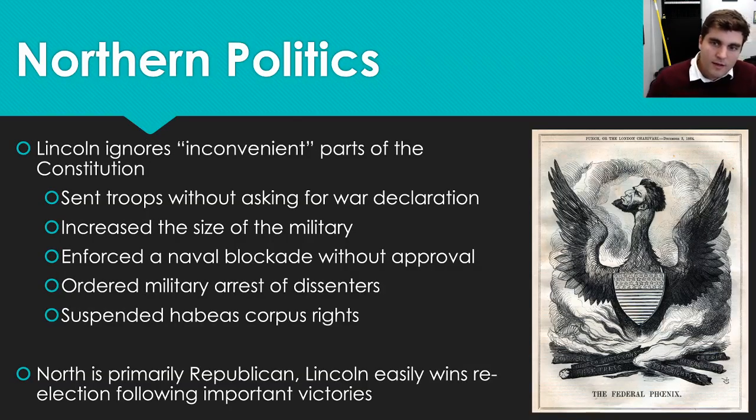Now, in terms of Northern politics, Abraham Lincoln, who goes down in history as one of the more popular presidents, had a tendency to ignore inconvenient parts of the U.S. Constitution. He took several actions that were in direct opposition to the U.S. Constitution.